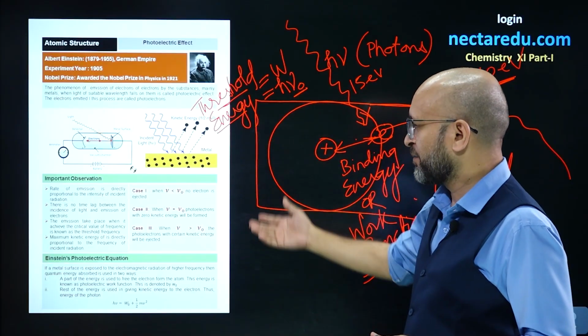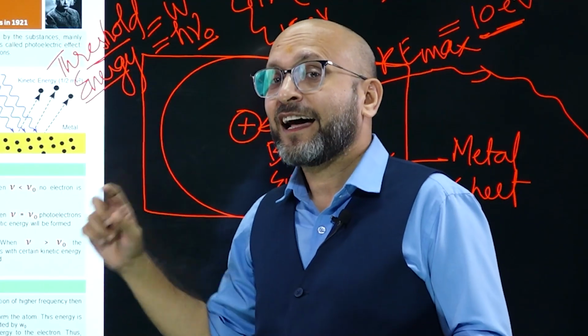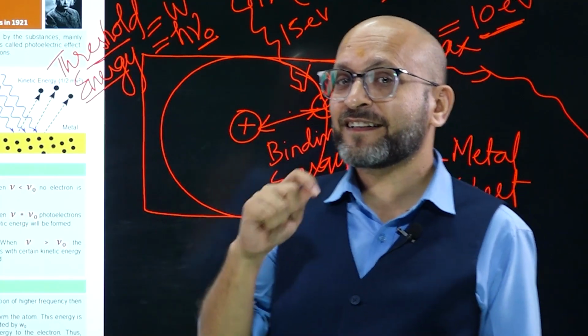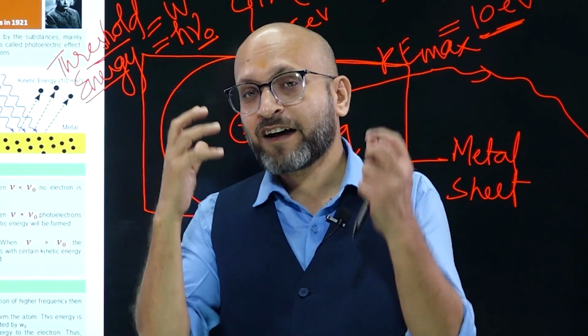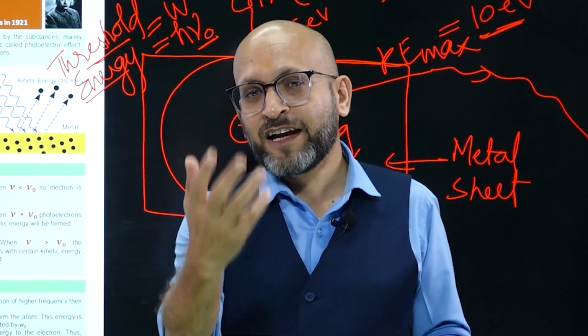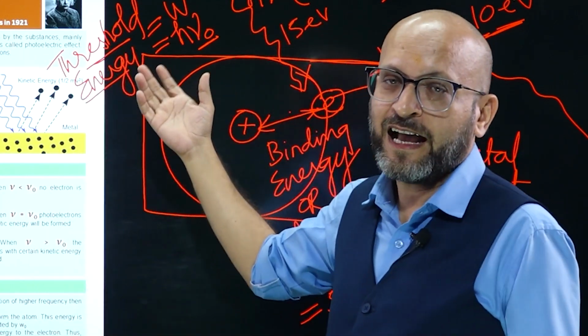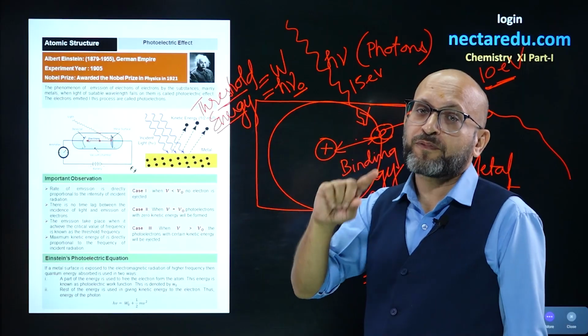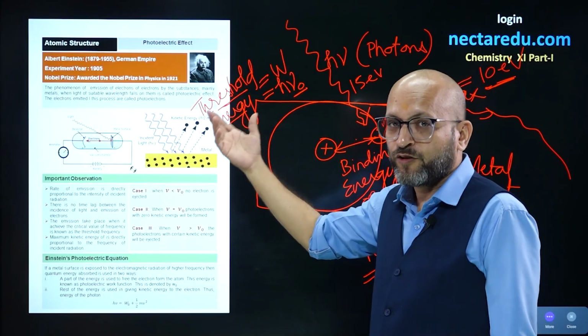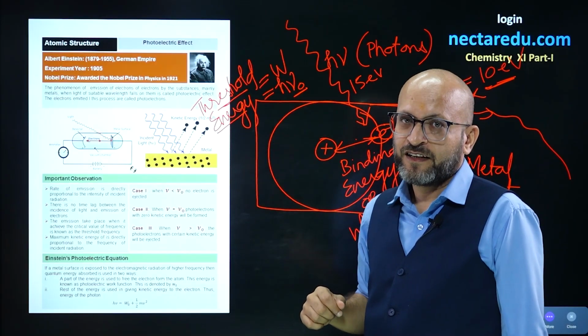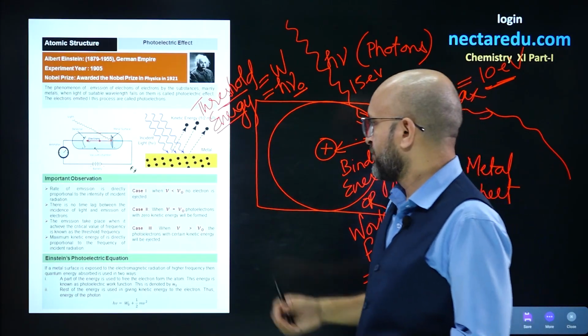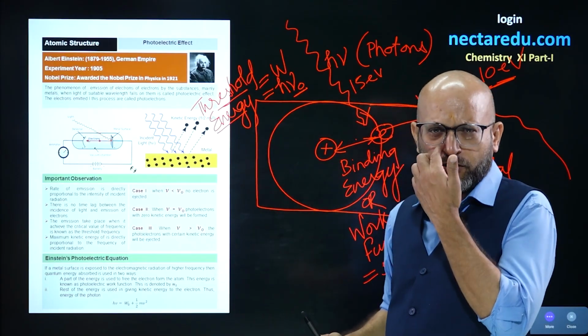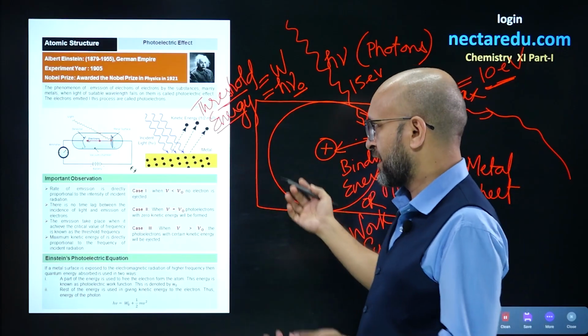All right, so these are some points we have discussed, and this was first explained by the very famous scientist Einstein. Einstein got the Nobel Prize for explaining the photoelectric effect. So this is it. We have explained everything. If you want to know the formula, we can talk about it.